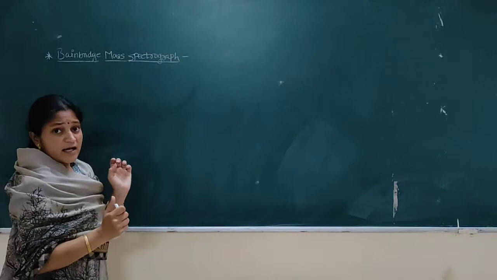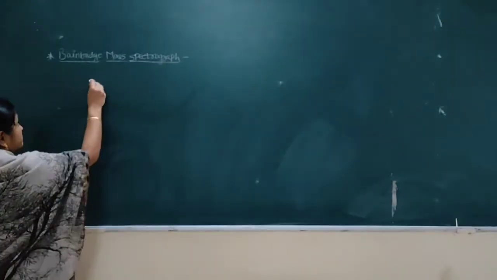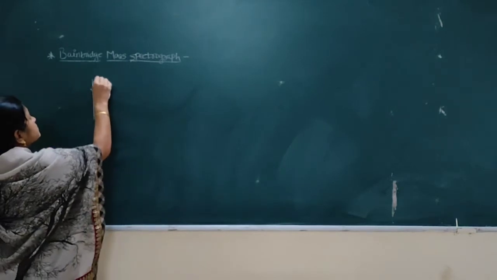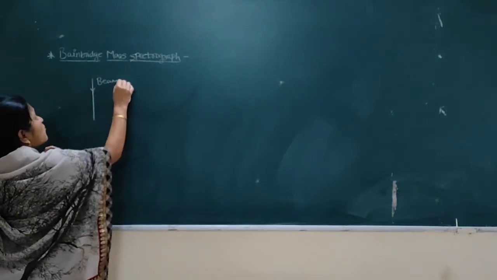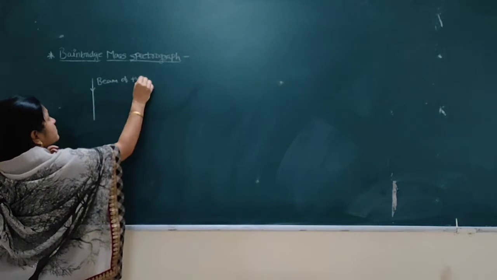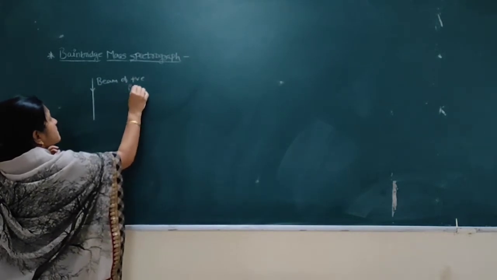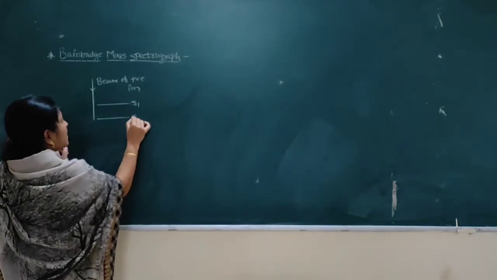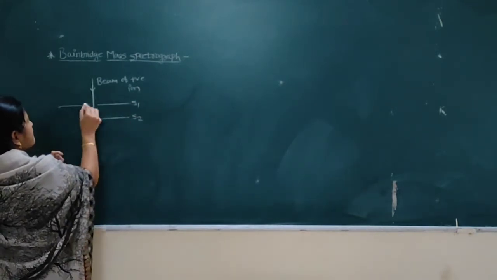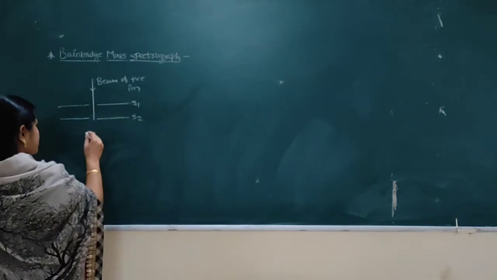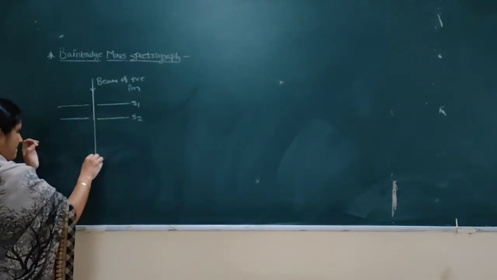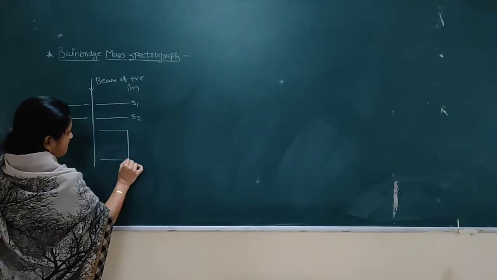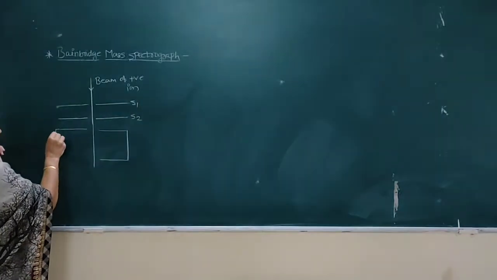So initially, I will draw a diagram. This is a beam of positive ions. These are the slits S1 and S2. Now this is the velocity selector.